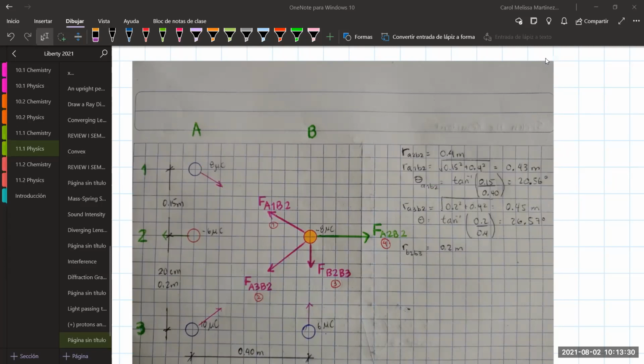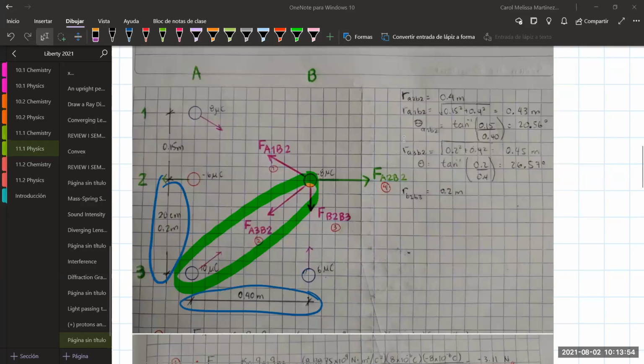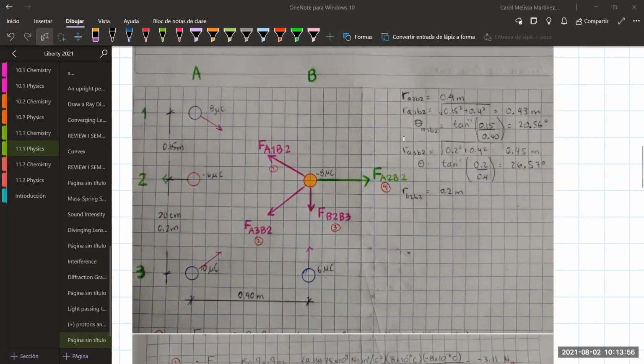Okay, now that I finish with this diagonal, I get the second diagonal. For this hypotenuse, I have a vertical distance of 0.2 meters and a horizontal distance of 0.40 meters. So right now, what I do is I get the hypotenuse with all that information. I get the hypotenuse and it gives me 0.45 meters.